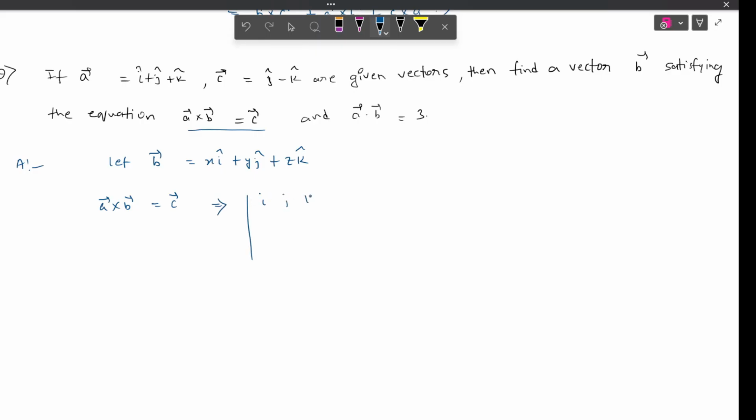So I, j, k. A vector has components 1, 1, 1, and B vector is x, y, z. Now what is C vector? C vector is j minus k cap.